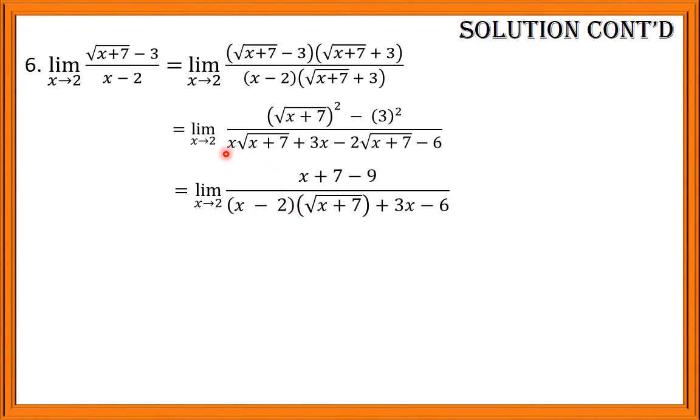That is, when we combine this and that term, when we group them, we have x minus 2 root of x plus 7 plus 3x minus 6.